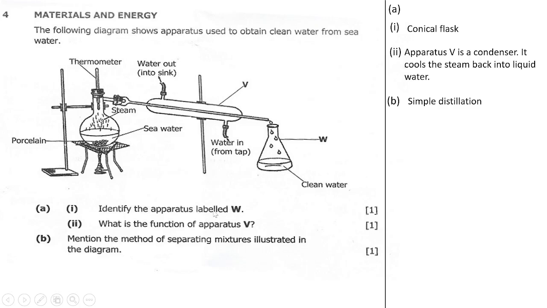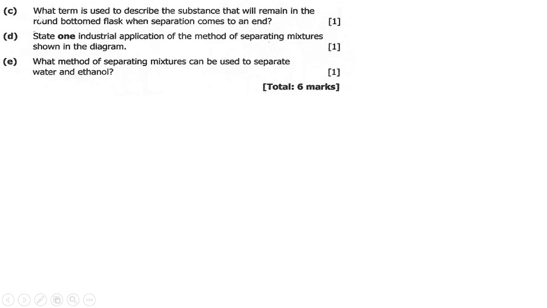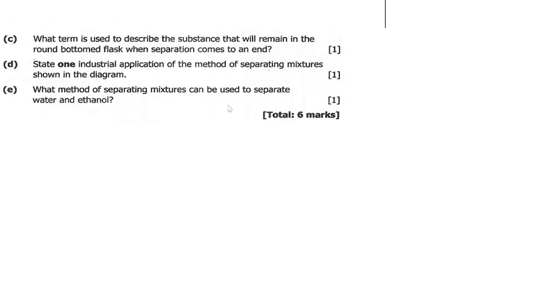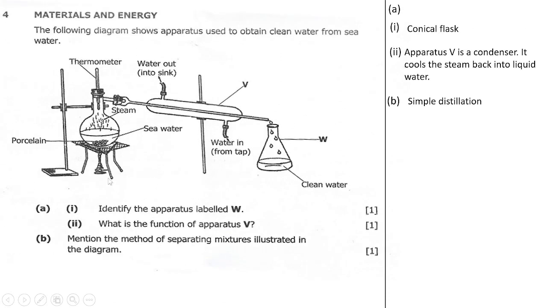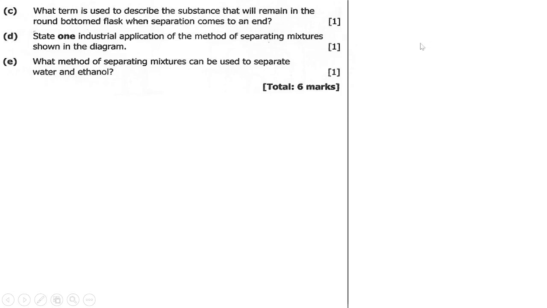Let's go to C, which says what term is used to describe the substance that will remain in the round bottomed flask when separation comes to an end. The name of the substance that remains here is residue.